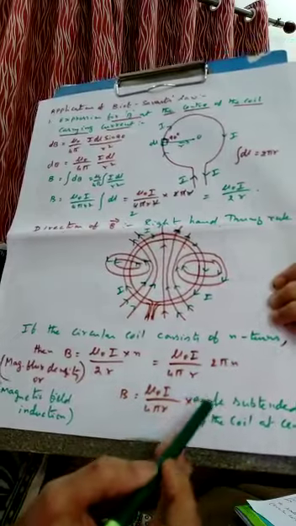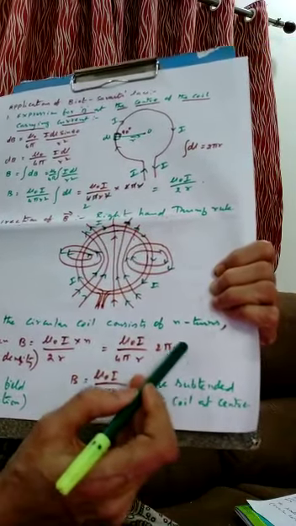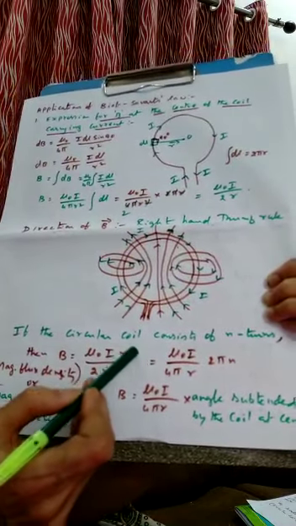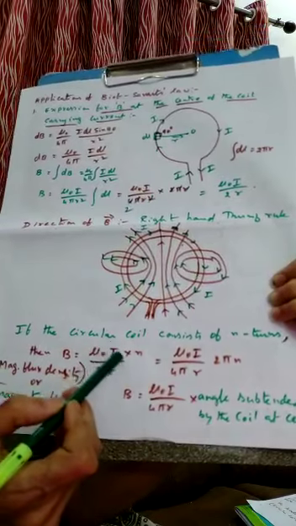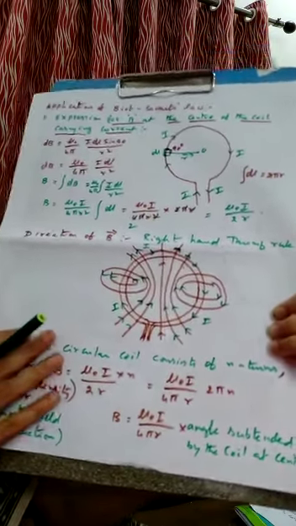You know 2 pi n is nothing but the angle subtended by the coil at the center. Even if you remember mu naught I n by 2r, no problem, it is much easier, so you can remember that.